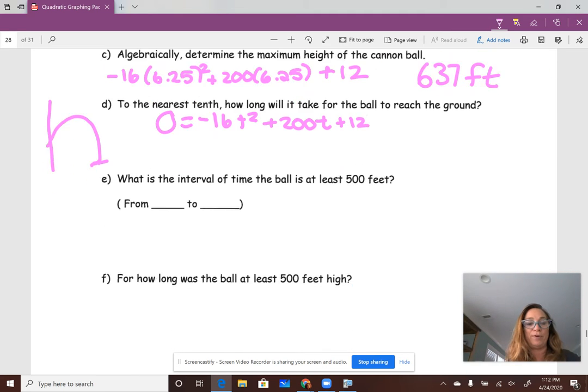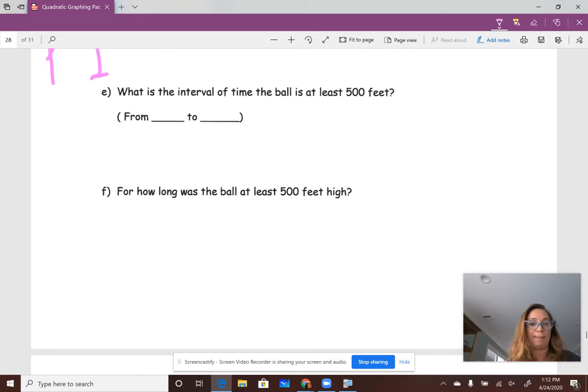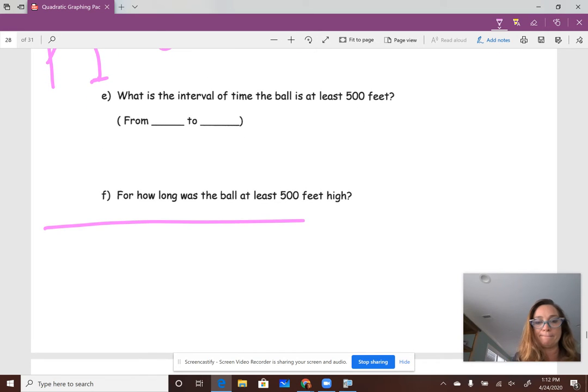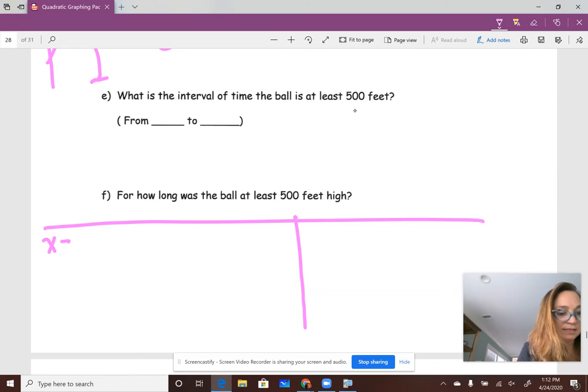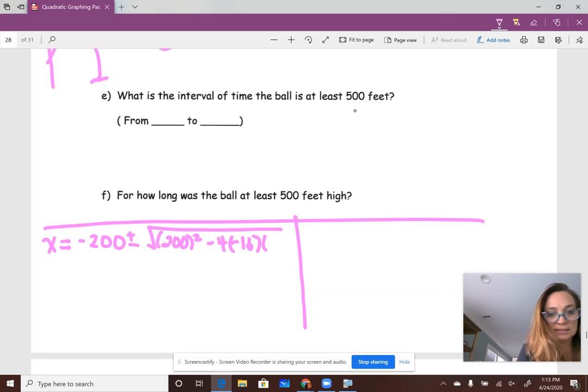So now if I put this into my quadratic formula, I'm going to go down here. All right. So that's x is equal to negative b plus or minus square root b squared minus 4ac all over 2a.